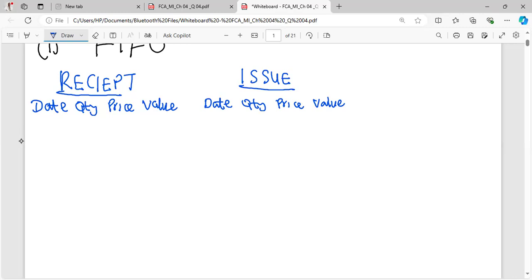We'll just say quantity, price, and value. This will be balance. So we are doing FIFO. Now let's set the whole ball rolling.